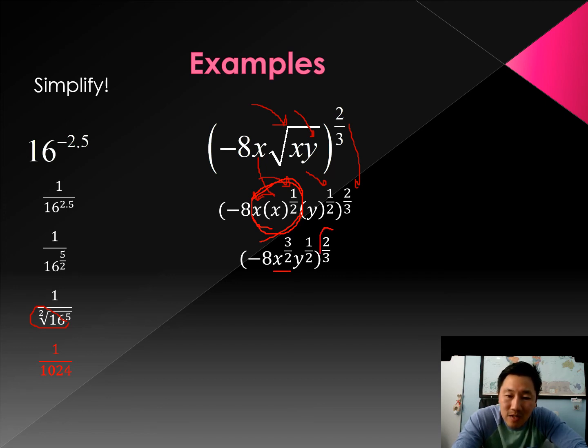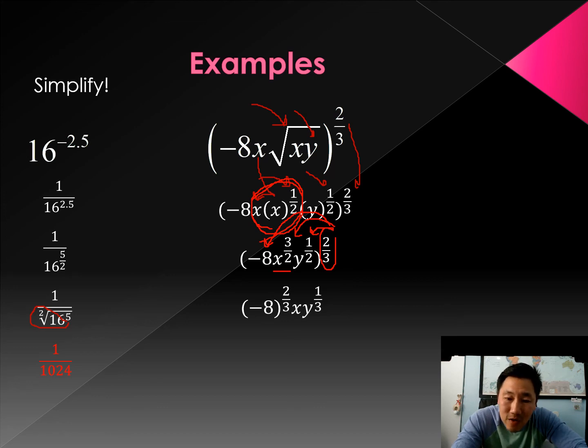Next thing you can do, let's go ahead and give the 2/3 exponent to everything inside. Give it to that, give it to that, and give it to the y. It's getting a little bit messy, but there it is. The 2/3 raised to the negative x power.